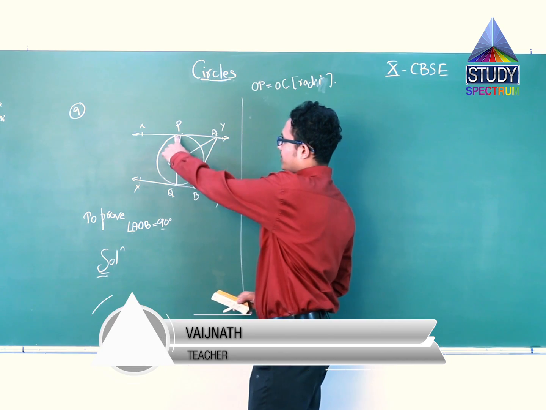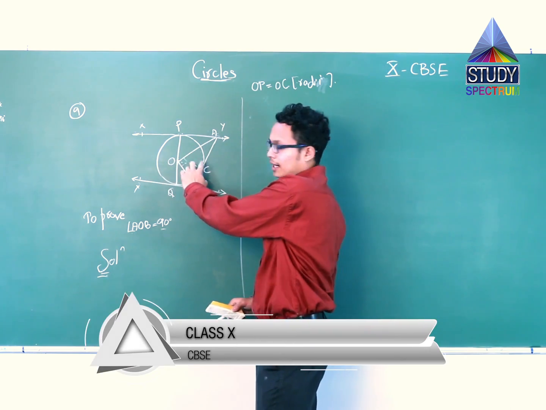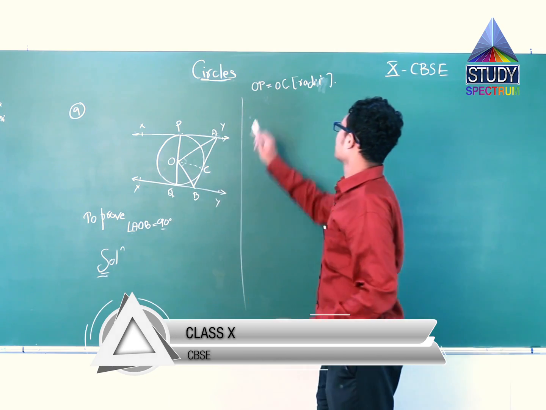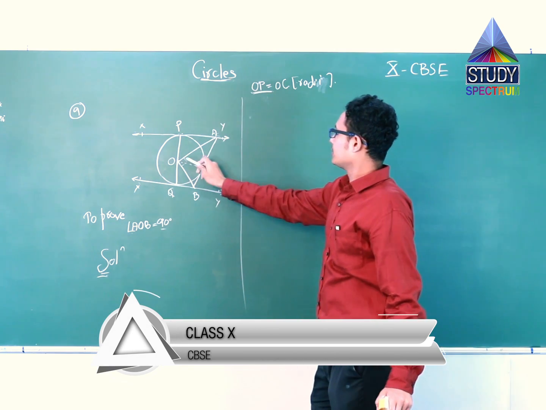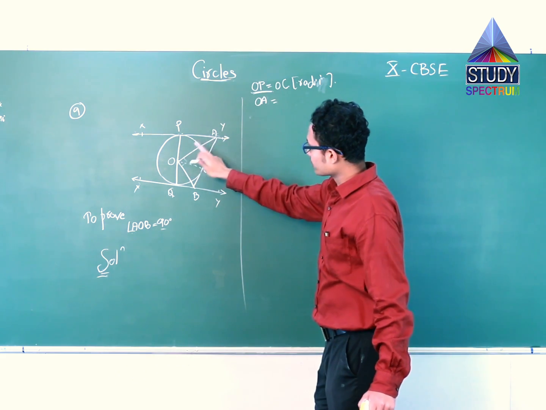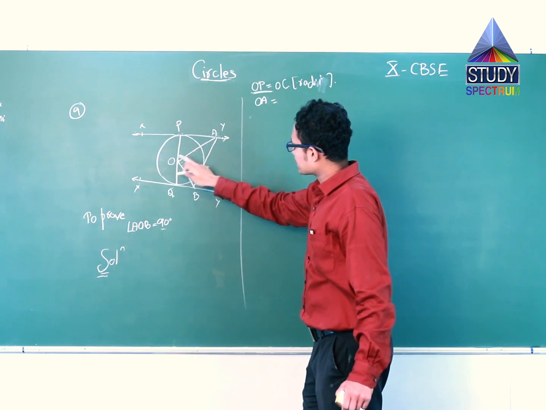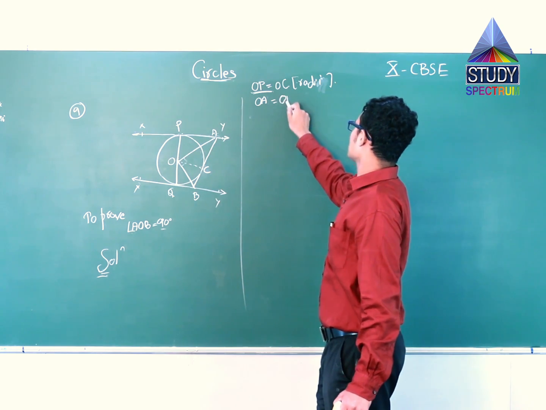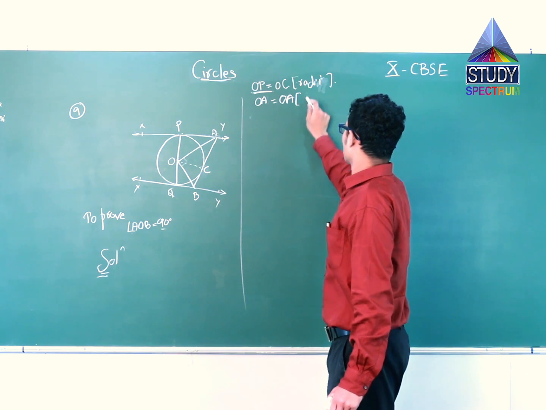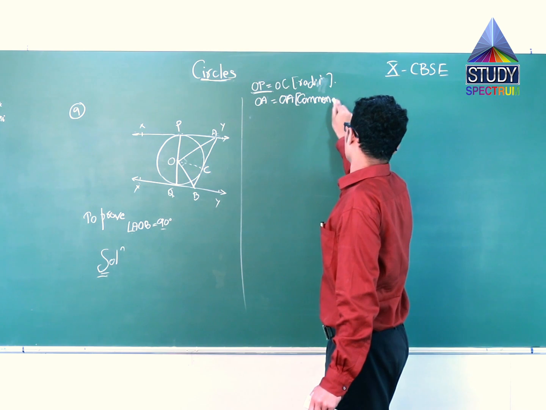OP from the triangle OPA is equal to OC from the triangle OCA. I have written here. Similarly, OA from the triangle OPA is equal to OA from the triangle OCA. OA is equal to OA, common side. That is because of the common side they are equal.